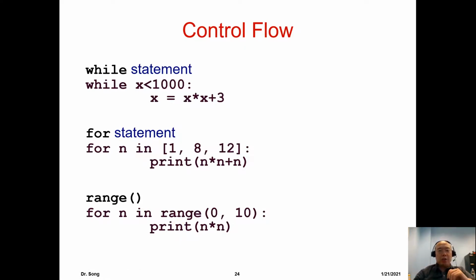And for the values of n, remember that it is from 0 to 9. Okay, so in range 0, 10, the start point 0 is included and the end point 10 is excluded. So really we have from 0 to 9, but still there are a total of 10 numbers.